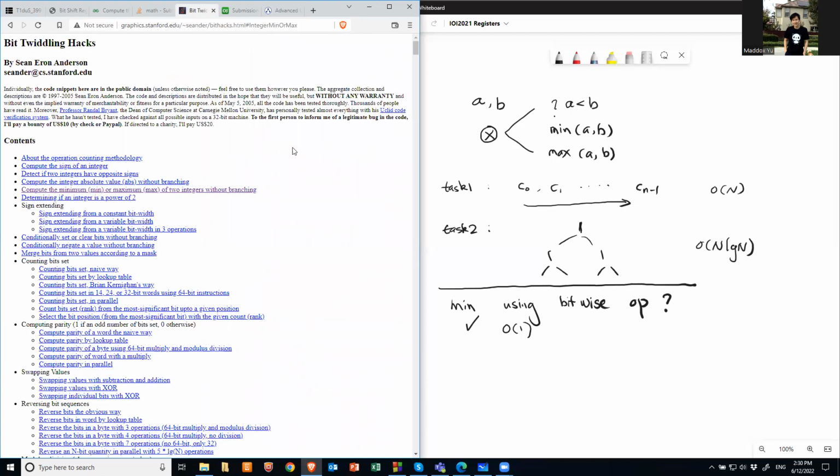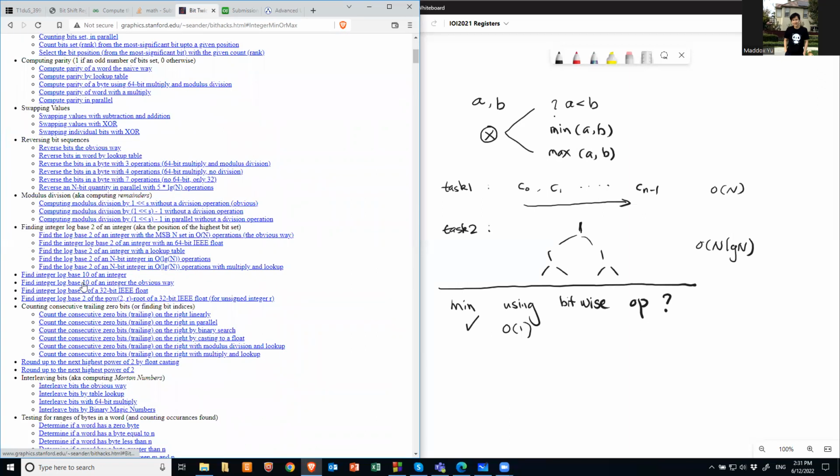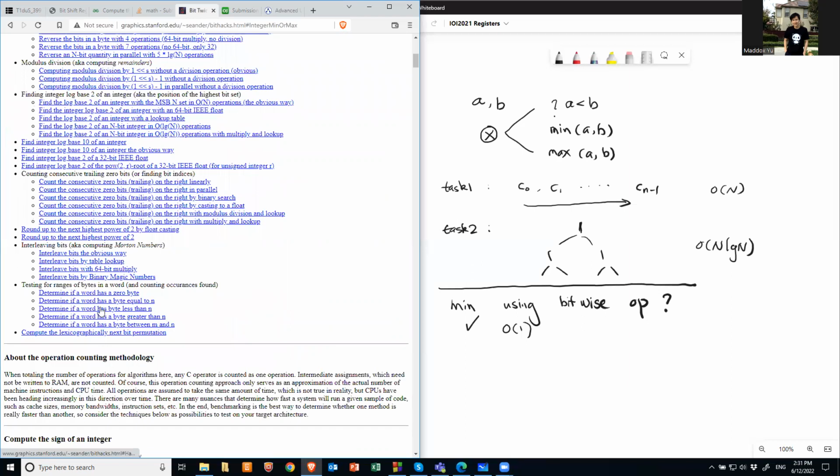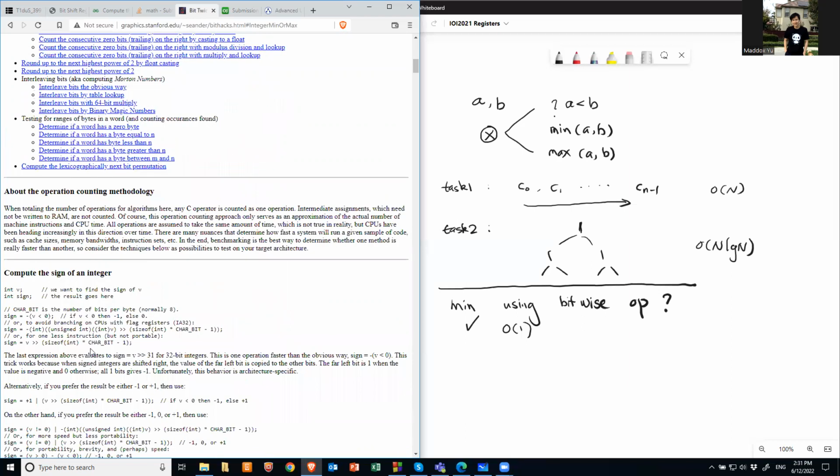I also give you a collection from the Stanford computer science class, which has all those things about how to use bitwise operations to do many different things. So go study those. That will be interesting.